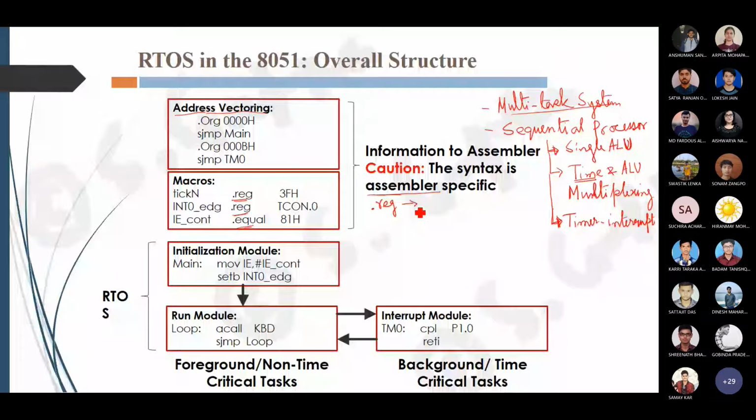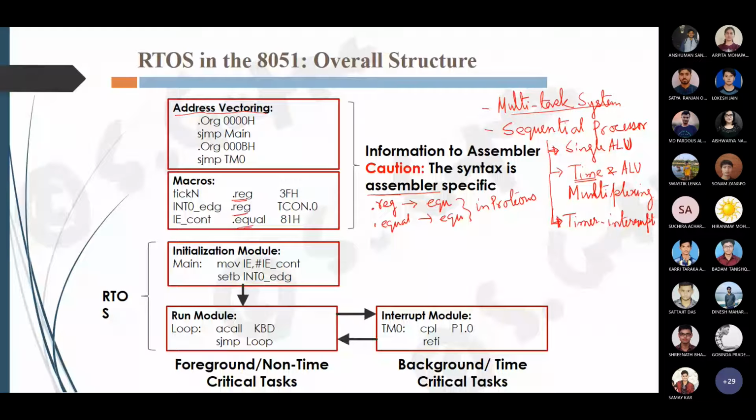So this is in Proteus. While this part, what I have written, was from my own assembler. There we have used this reg and equal. So that's why I have given this information, and caution, the syntax is assembler specific.